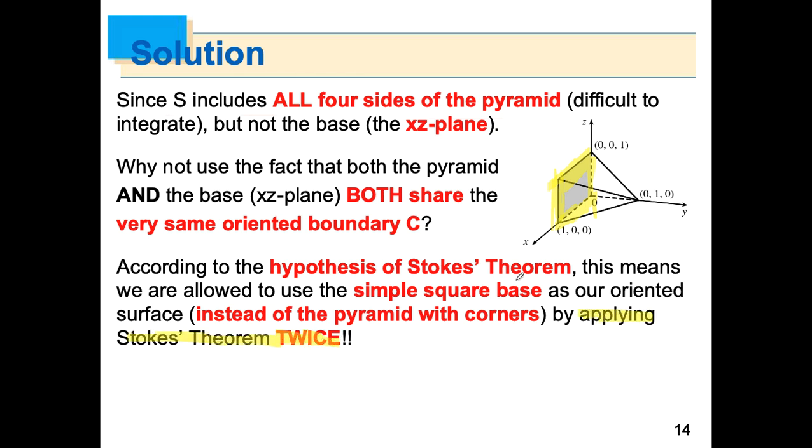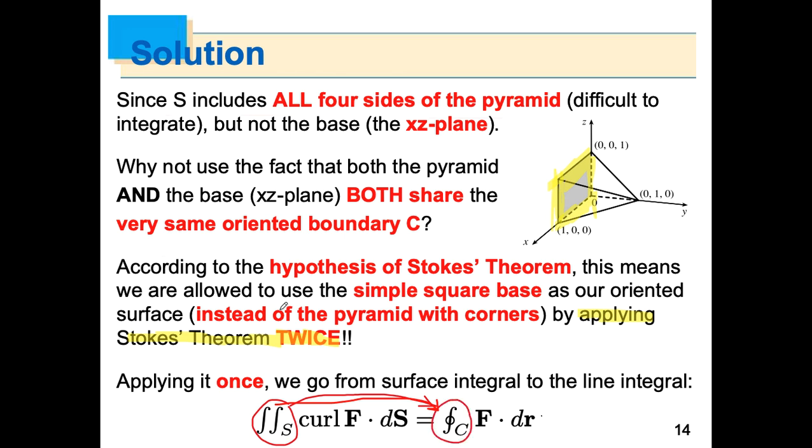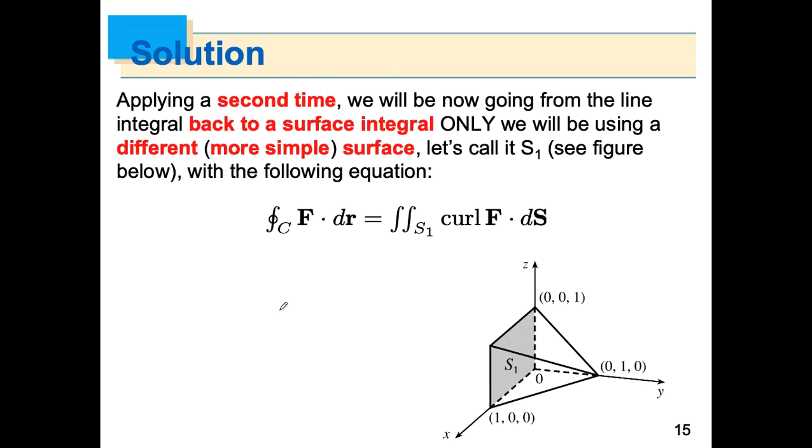Remember, we started with a surface integral. We're going to apply Stokes' theorem once to go from a surface integral to a line integral. But then we're going to apply it a second time to go from the line integral back to a surface integral.